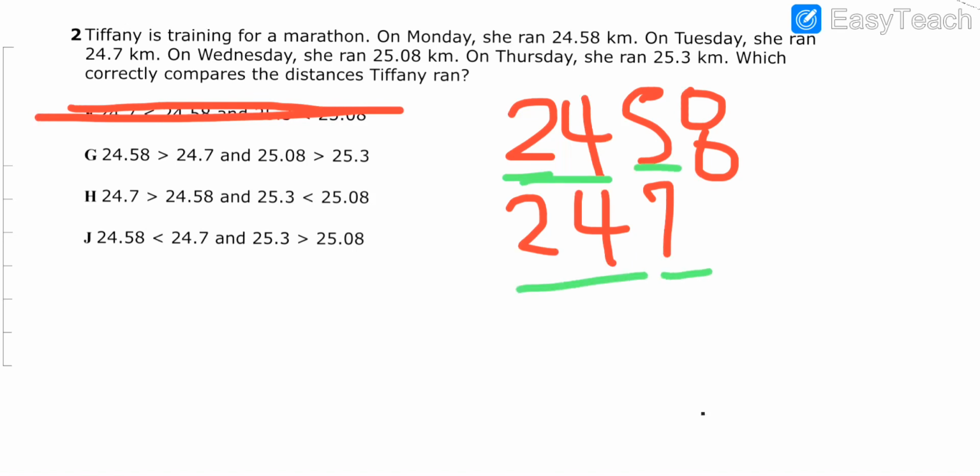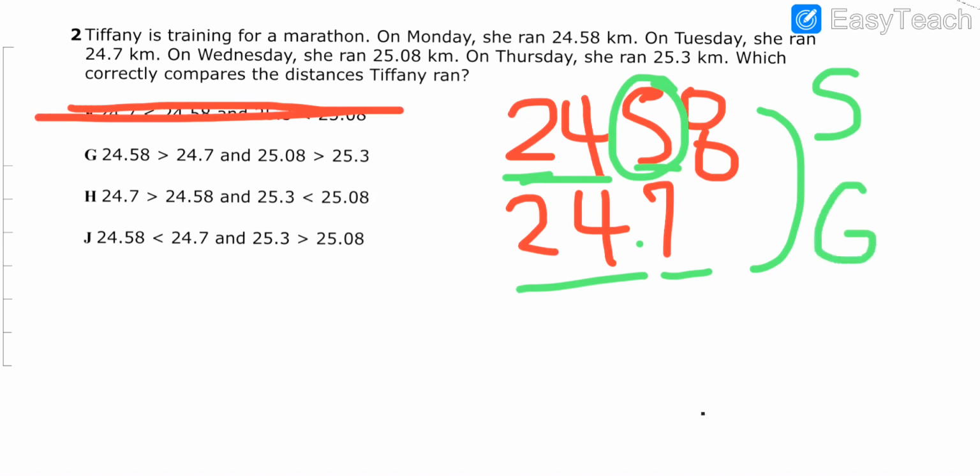The 5 is actually smaller than the 7, which means that 24 and 58 hundredths is smaller than the 24 and 7/10, which means this number is greater. So that statement obviously cannot be true. That one is incorrect.